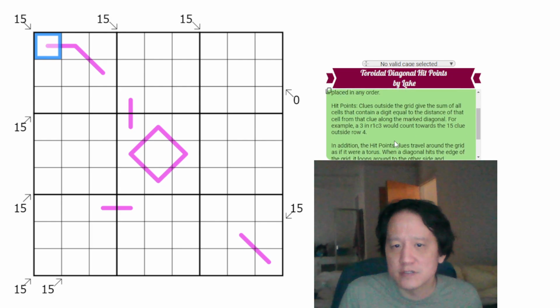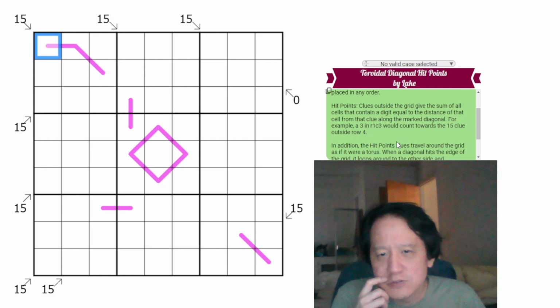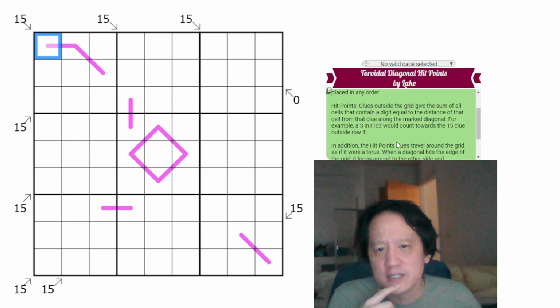Hit points. Clues outside the grid give the sum of all cells that contain a digit equal to the distance of that cell from that clue along the marked diagonal. Okay, I think I understand.